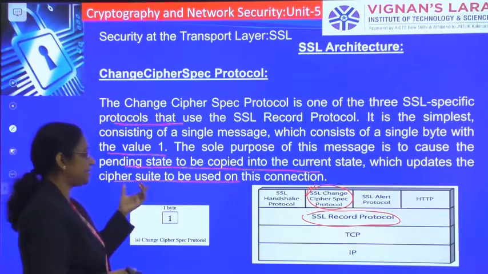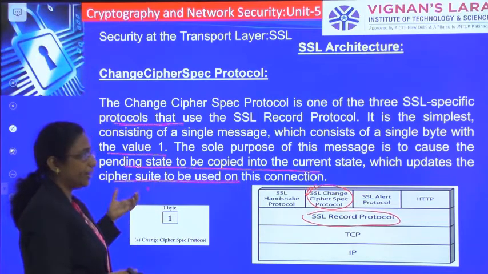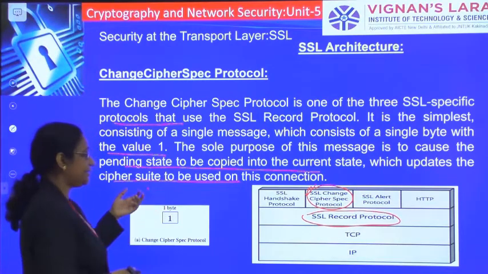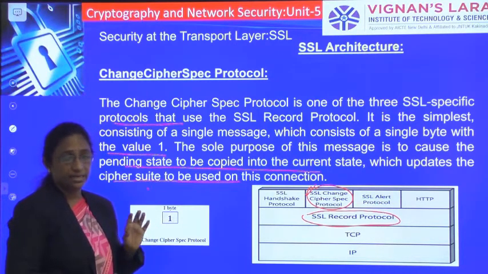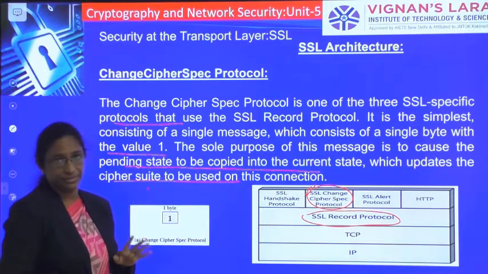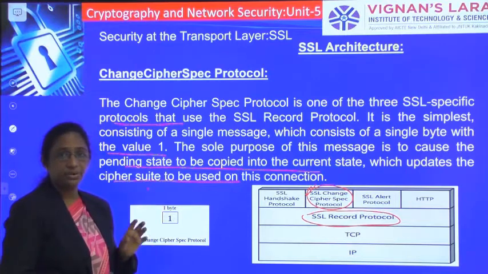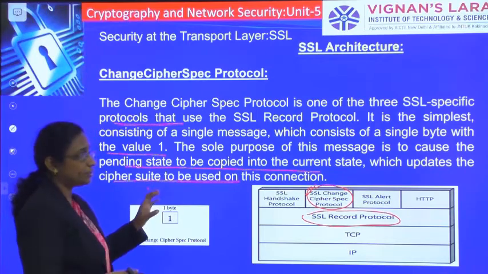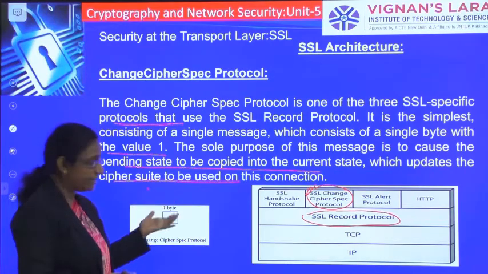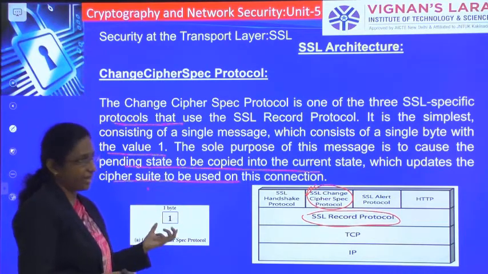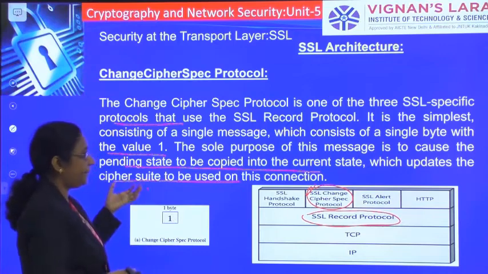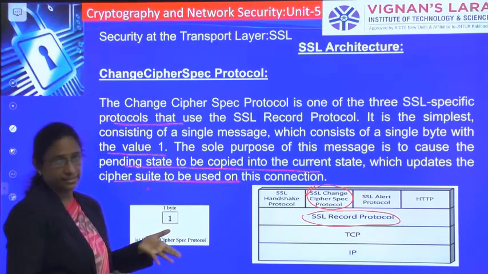To update the algorithms to be used for that particular session, including the encryption algorithms, hash algorithms, and key exchange algorithms, the update is represented by this change cipher spec protocol, represented by 1 byte. It makes the pending state be copied into the current state.